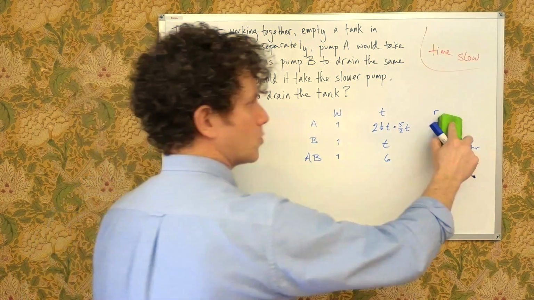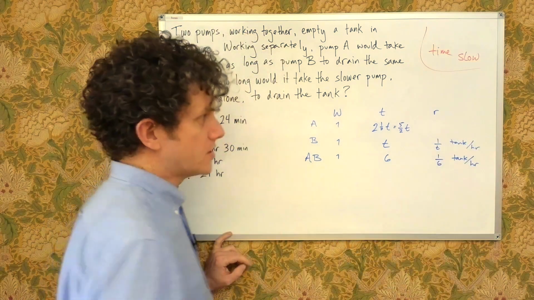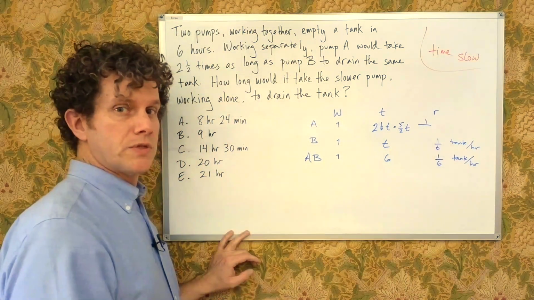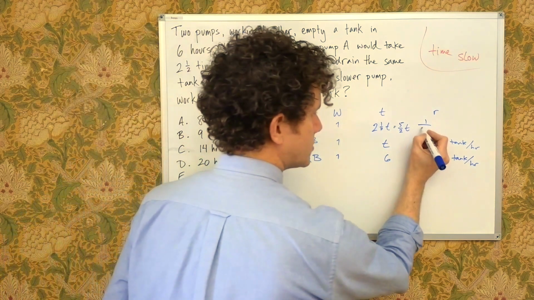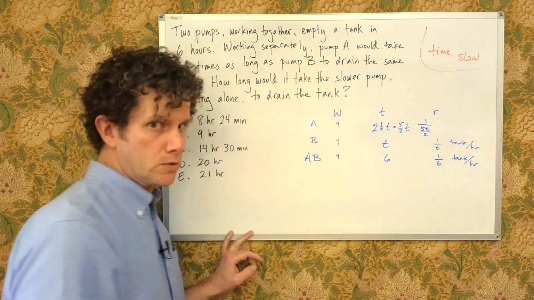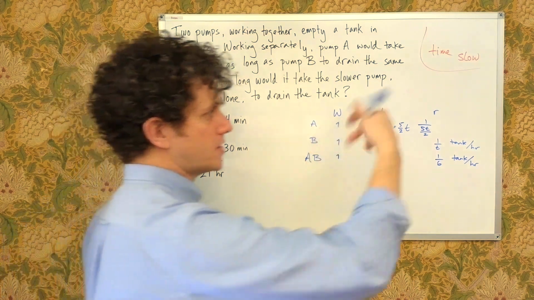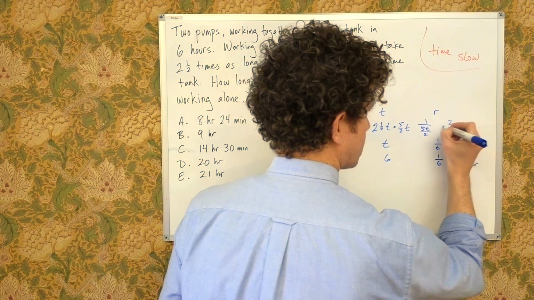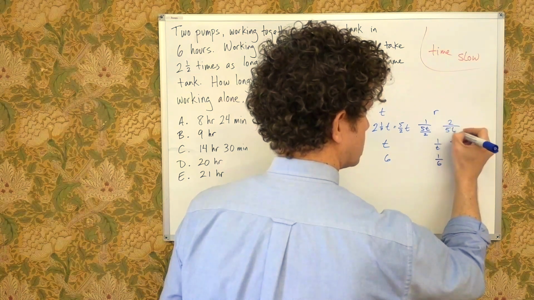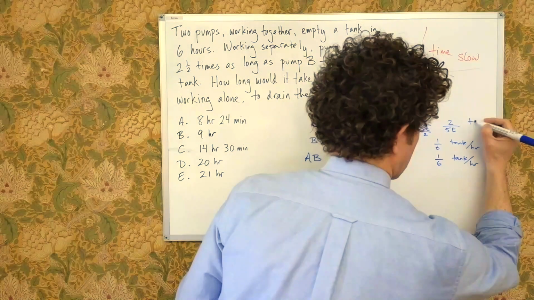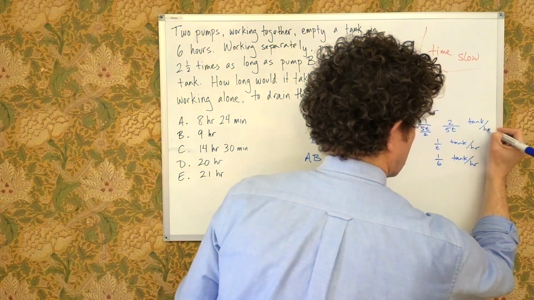The work here is 1, and the time here is 5/2t, which we're going to write as 5t/2. Get your t in the right place. Now we can flip it over, and we have the kind of odd looking figure, 2/5t tank per hour.